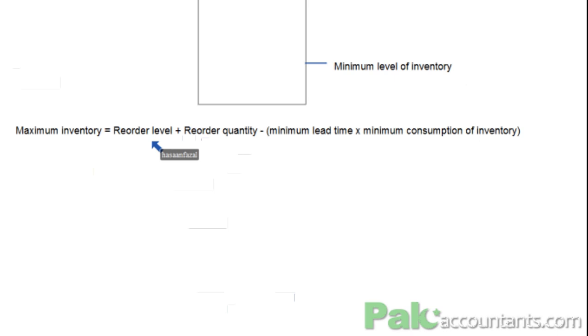And then consumption of inventory is the rate at which you are consuming inventory. Let's say you are consuming 4 units a day and your lead time is 4 days, then in that lead time you would be consuming 16 units. This is how you calculate. So reorder level plus reorder quantity minus minimum lead time into minimum consumption of inventory.